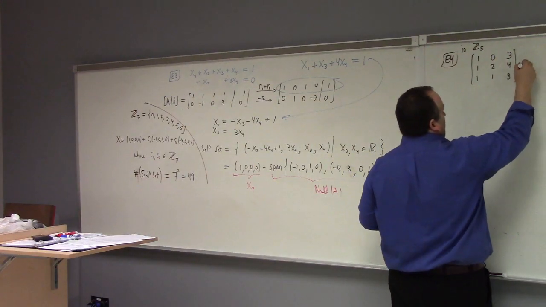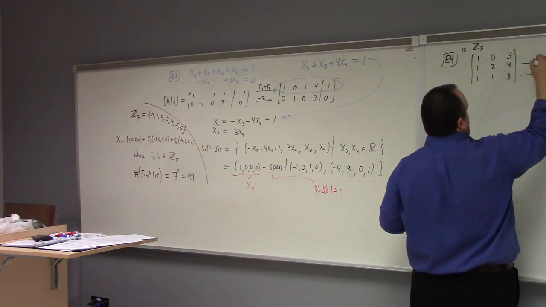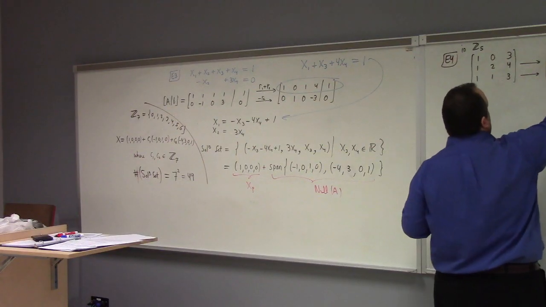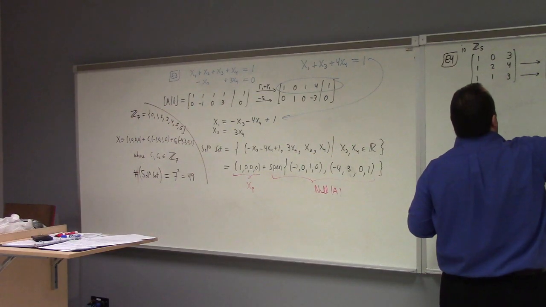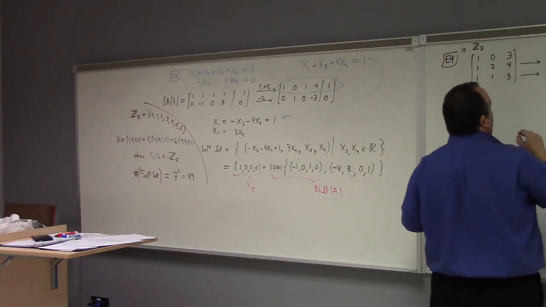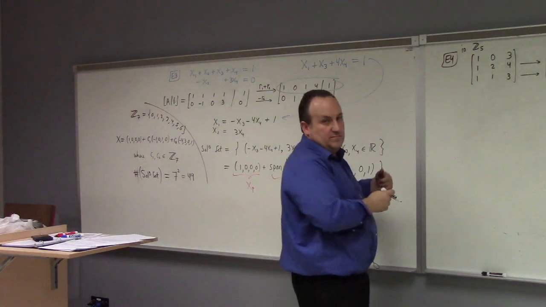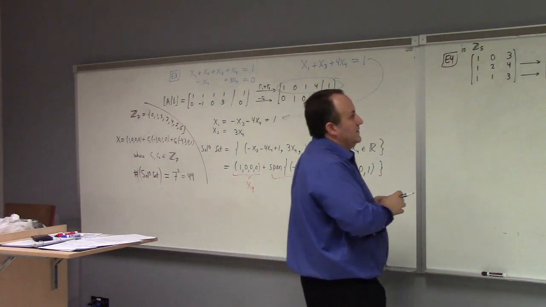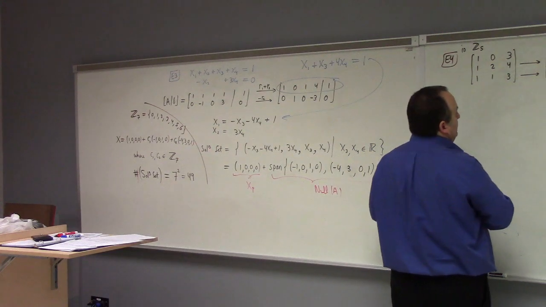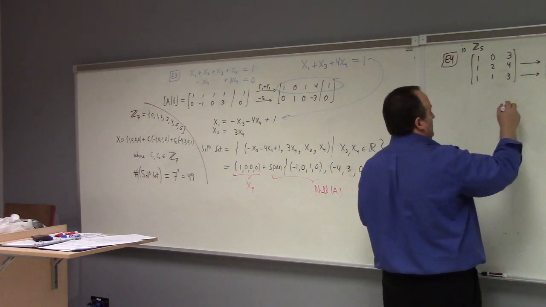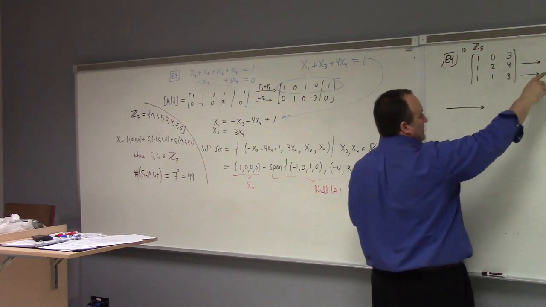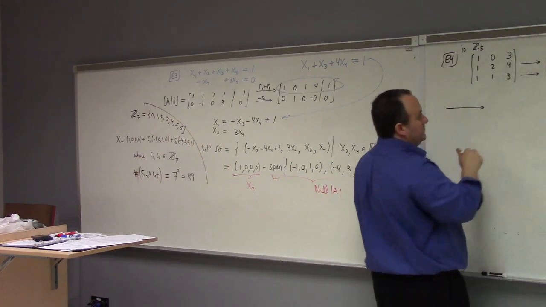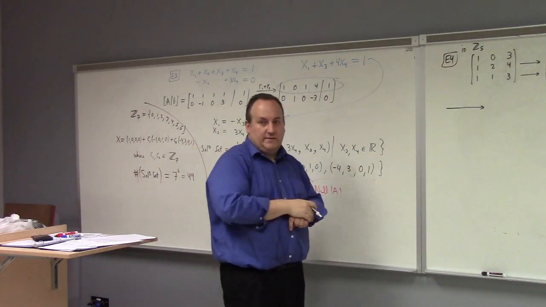So we start out the usual thing, right? 1, 1, 1; 0, 3, 2; 0, 1, 0. I just subtracted the first row from the second. Now I want to do something interesting. I want to multiply the second row by something. I want to change this 2 into a 1 mod 5.